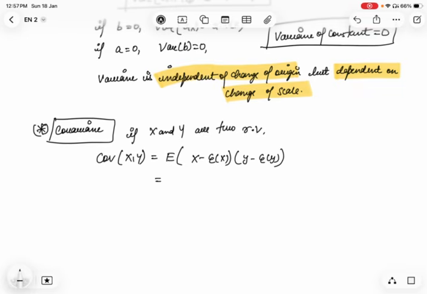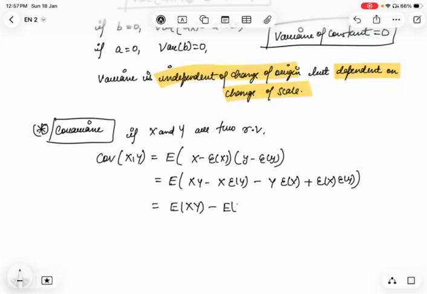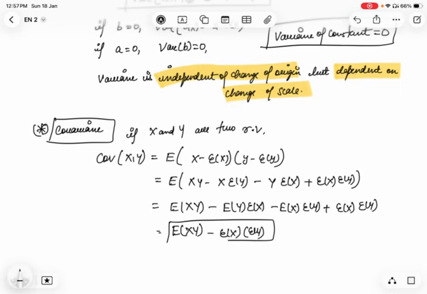When you expand this, you will get E(xy) minus E(x) into E(y).